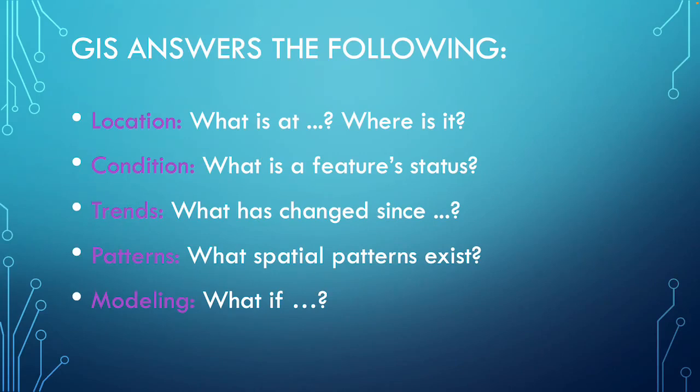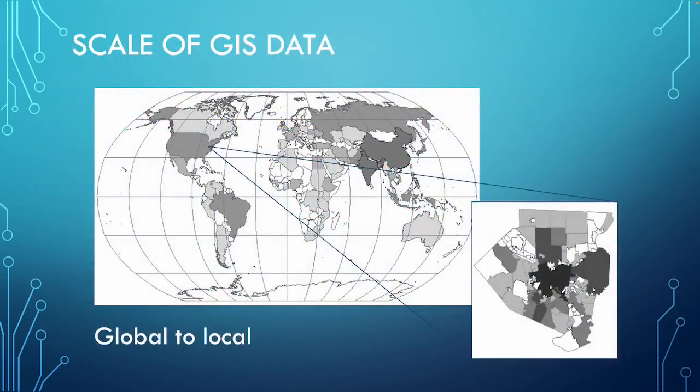And so one of the things that we're going to talk about in just a couple weeks, next week perhaps, is scale in GIS. And scale is really important. Geographic phenomena happen at lots of different scales. It could be global, it could be local.